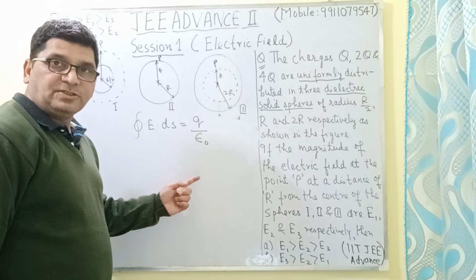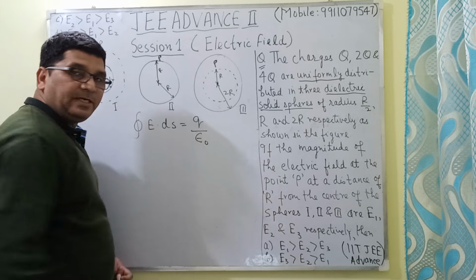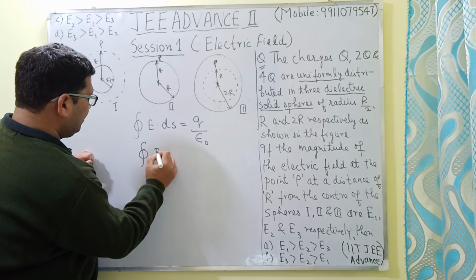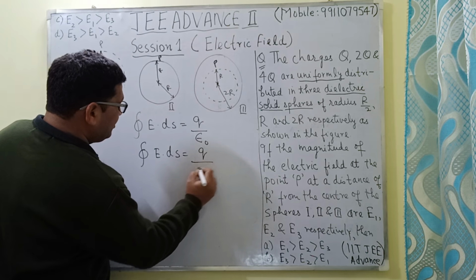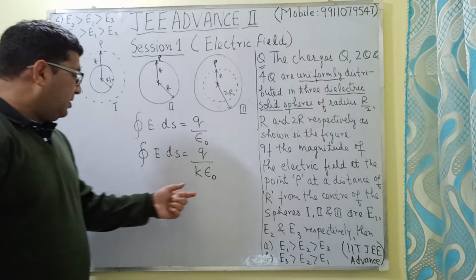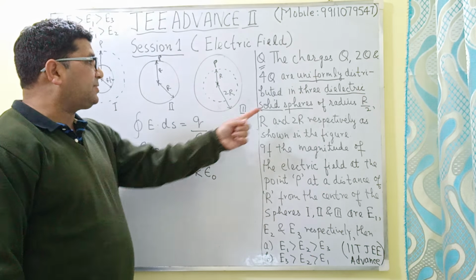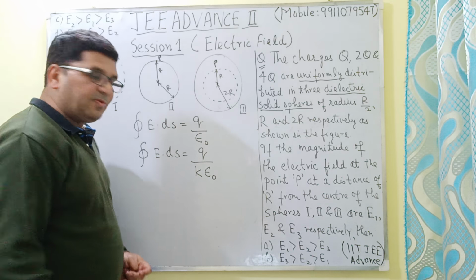So in the case of this dielectric medium, the Gauss law is given by ∮E·dS equals Q divided by K epsilon naught. Here, K is the dielectric constant of this dielectric medium, and epsilon naught is the permittivity of free space.